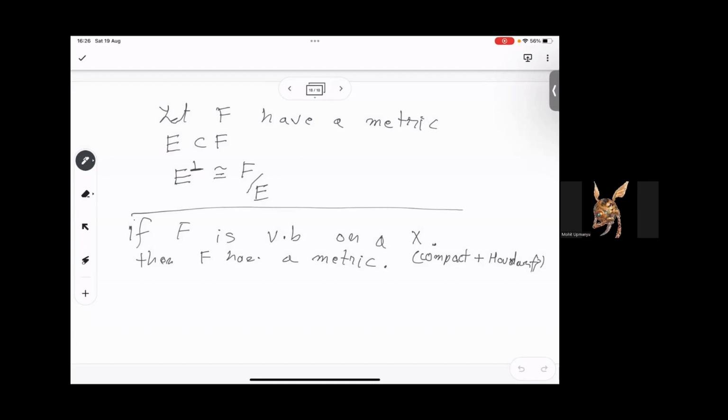Is it true, so first, can we construct it locally? Answer is yes. If it's trivial, then we have a metric on the space V and we just take the same metric everywhere. So on X cross V, you just take the same metric on every single V and we are done.